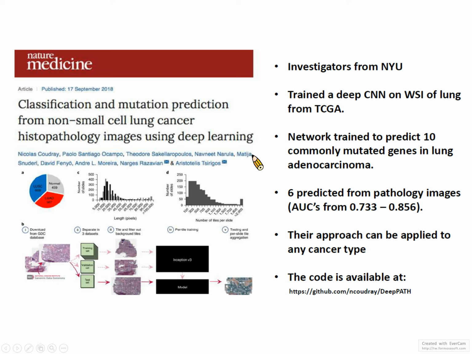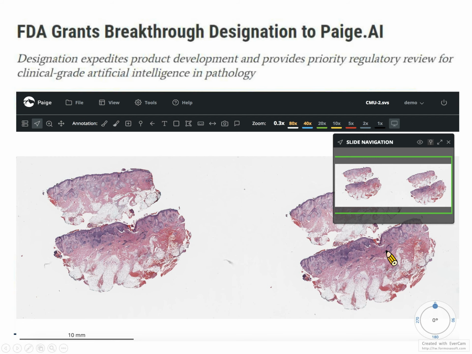It has also achieved quite good accuracies, ranging from 0.73 to 0.856. The reason this paper was published in Nature Medicine is that it can be applied to any cancer type, and it has also published code for this kind of job. So it's one of the pioneer papers in digital pathology.